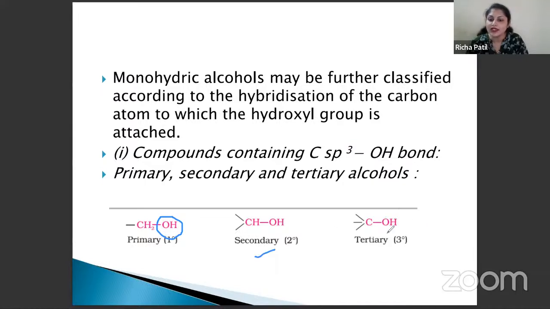And what is tertiary carbon? When the OH group is attached to a carbon which is further attached to three other carbon atoms, then it is called tertiary. So there are three types: primary, secondary, and tertiary alcohols, based upon the hybridization of the carbon where the hydroxy group is attached.